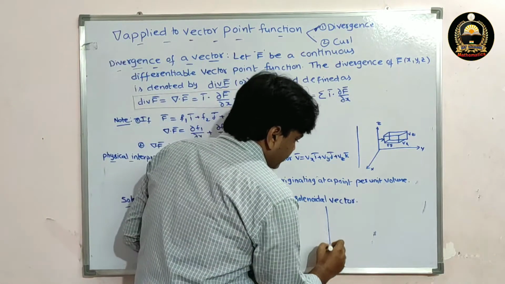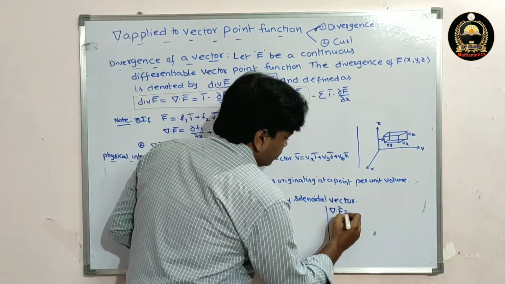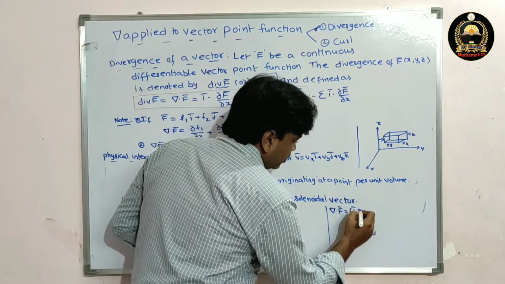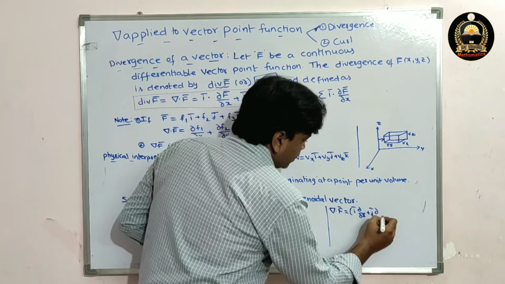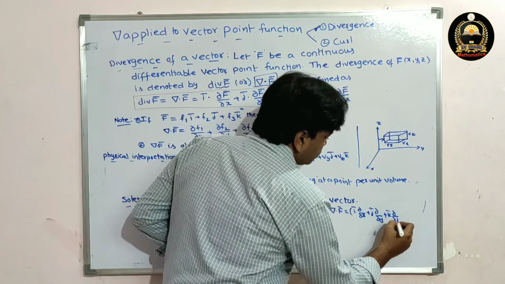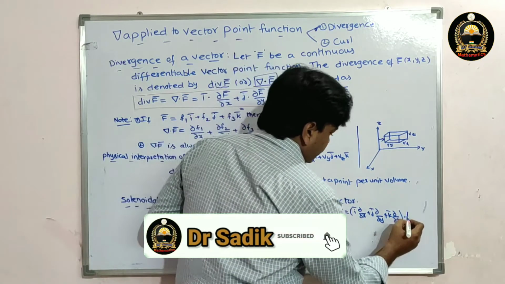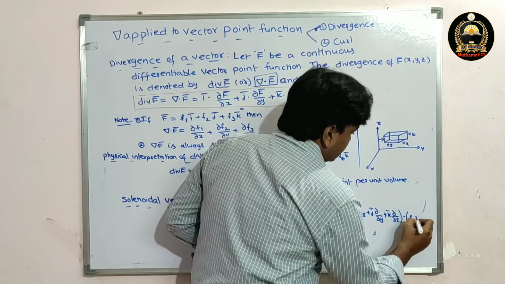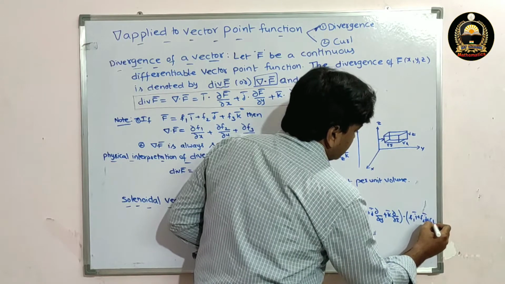Simple, students. What is del? Del is i bar dou by dou x plus j bar dou by dou y plus k bar dou by dou z, dot f bar. F bar is f1 i bar plus f2 j bar plus f3 k bar.